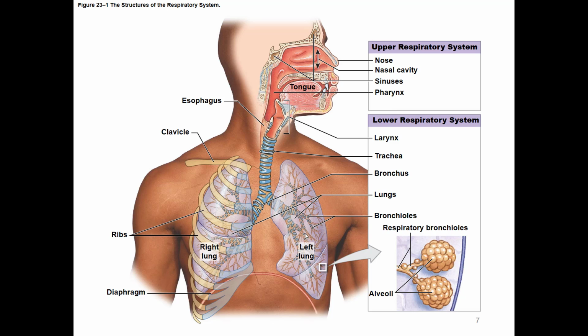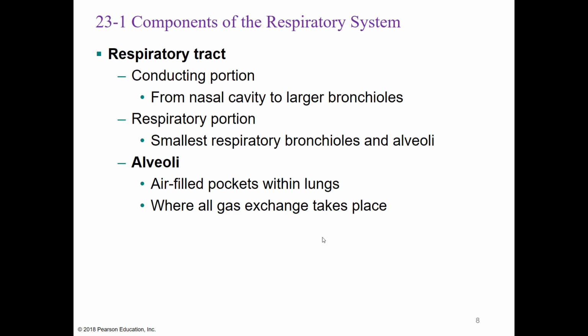So that would be when we get down to these really fine branches, which will end in the alveoli. That's where we're going to actually exchange gases. The alveoli are the small air-filled pockets within the lungs. There are about 150 million per lung, and this is where all gas exchange takes place.